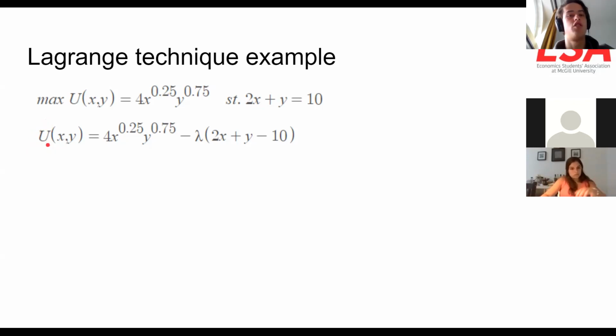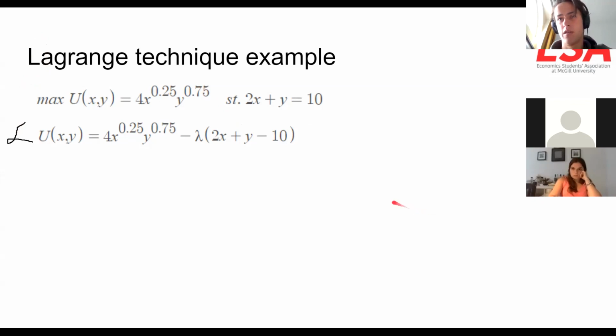You shouldn't use U, you should use this type of L. I'll quickly annotate it here. Sorry if it's terrible writing, but this type of L is often used within economics because it's just a general agreed upon notation that refers to the Lagrange function or the Lagrange technique overall.